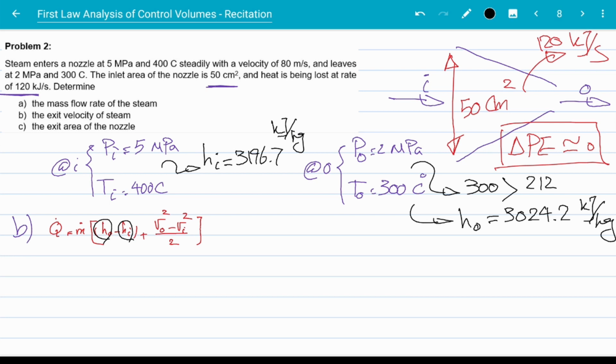Now I can plug in everything here. Now, Q dot net, the only heat transfer involved in this problem is 120 kilojoules per second heat loss.